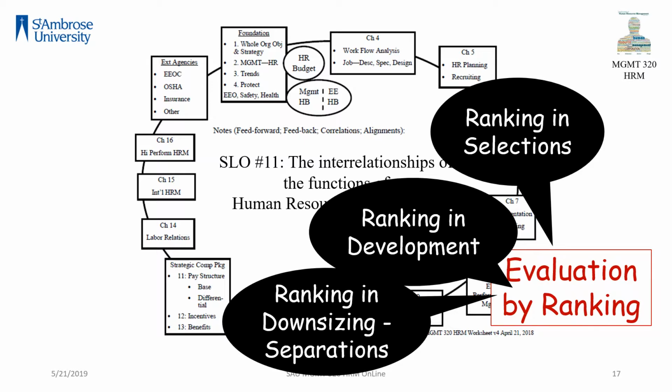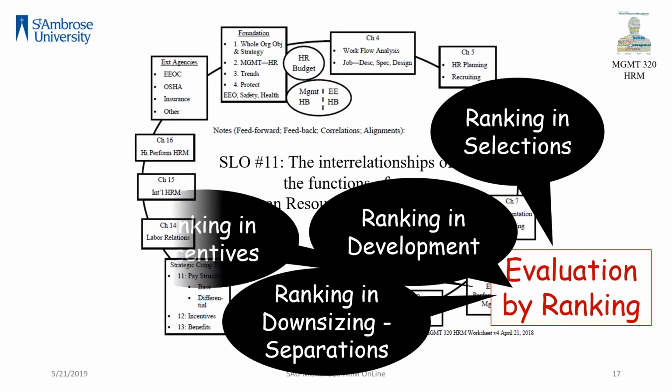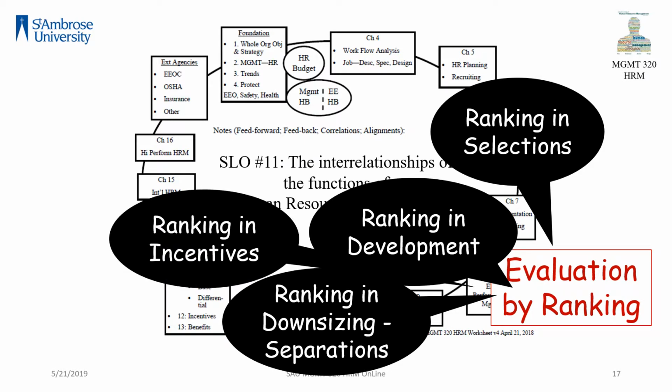We would be looking based upon length of service or their evaluations, how many discipline actions they've gotten, and so on. So we're evaluating by ranking sometimes when we go through downsizing. What about incentives? Only certain people would get the top incentives when we start looking at compensation and rewards.